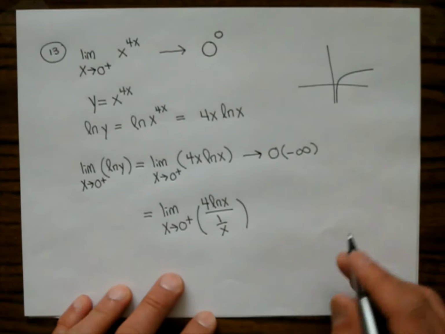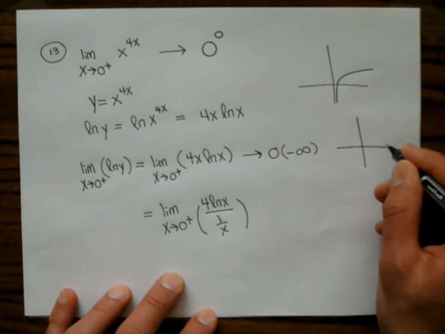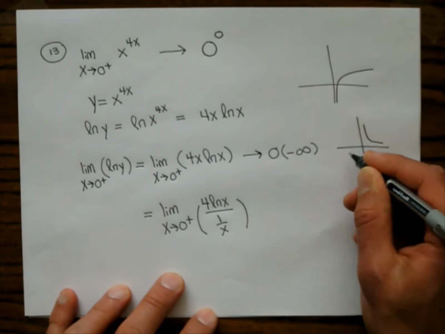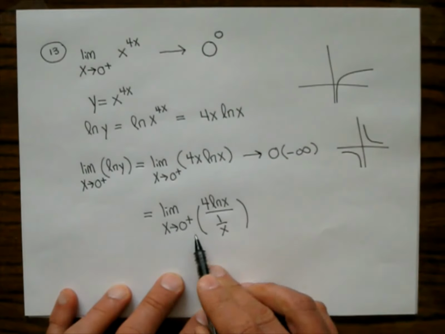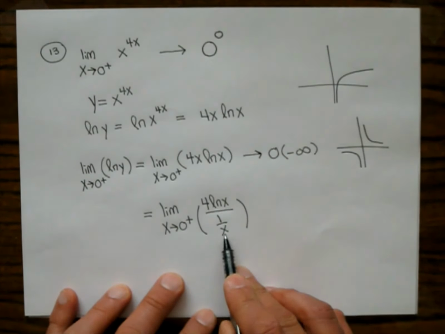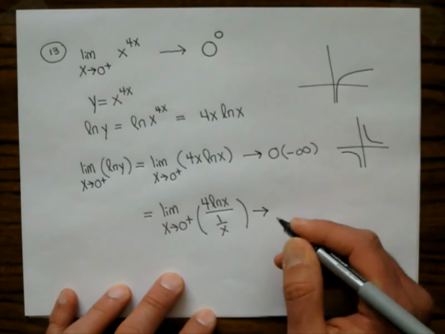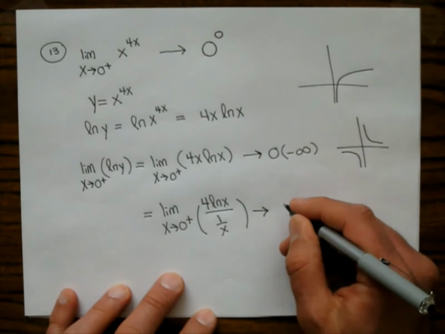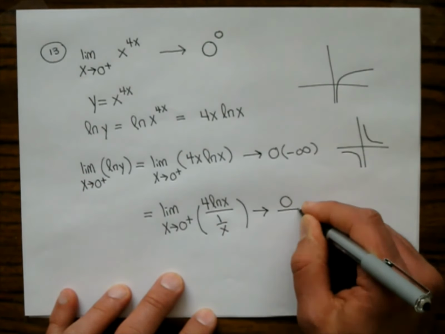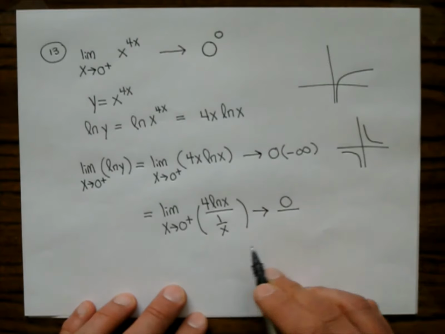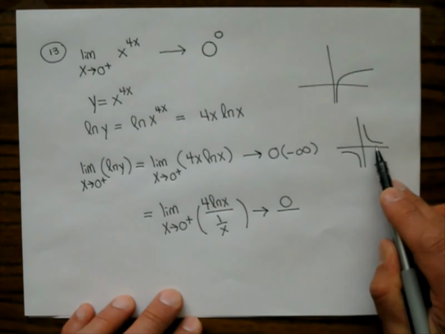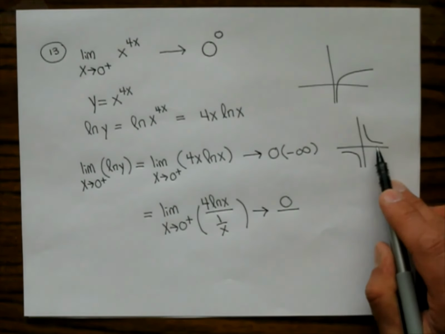Now when I do that, 1 over x looks like this. Or you can just say a positive number on the bottom.